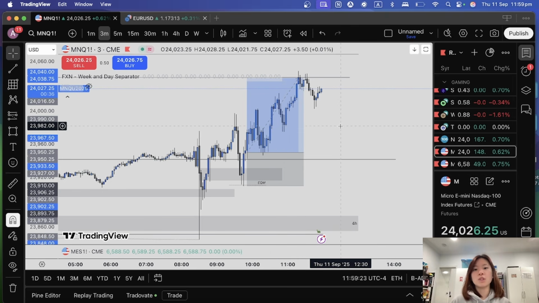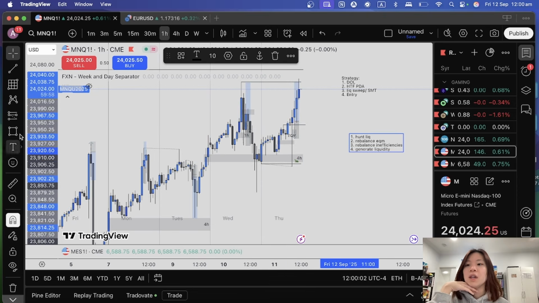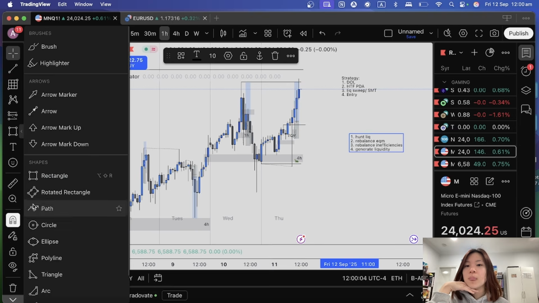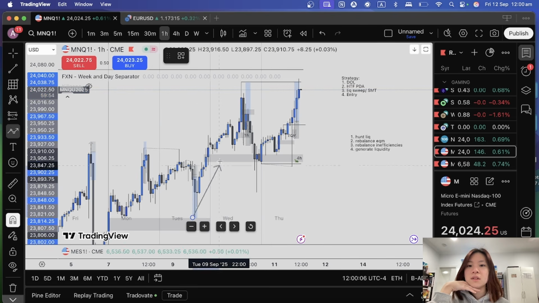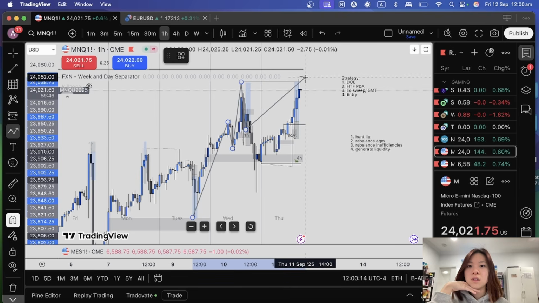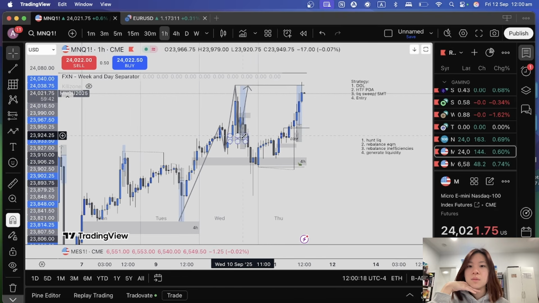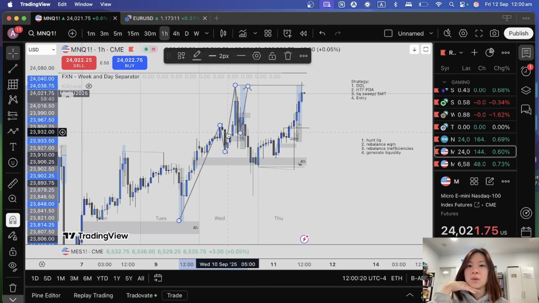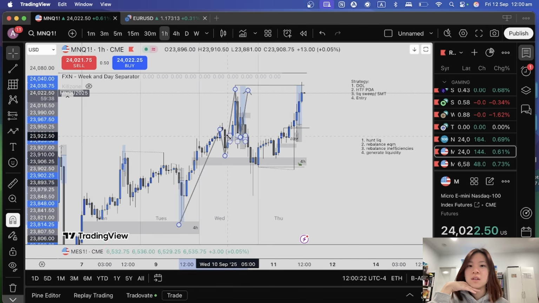So that is pretty much it for this trade. If you think about it, what price would have done if it goes straight to the high, if my trade worked out, would be like this. This is what price would have looked like. This would have meant that price did not rebalance into equilibrium. Can you guys see that?